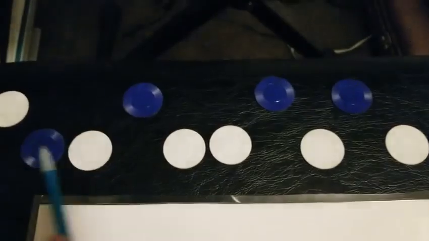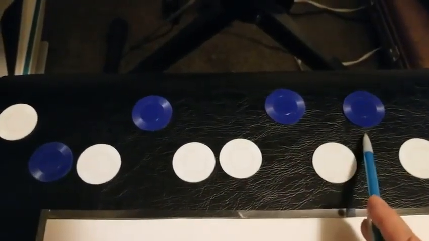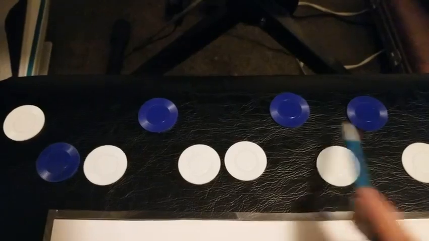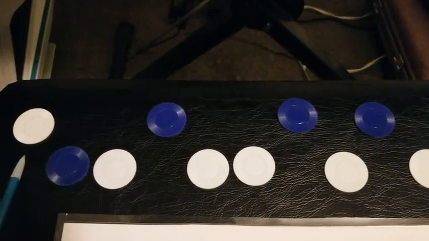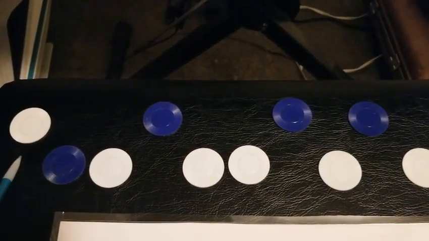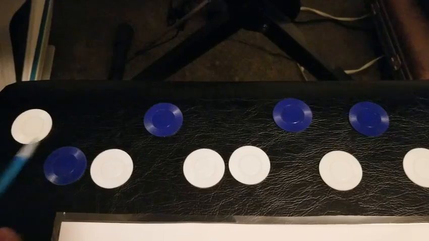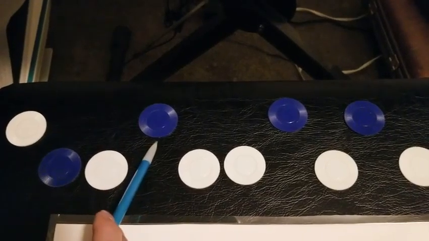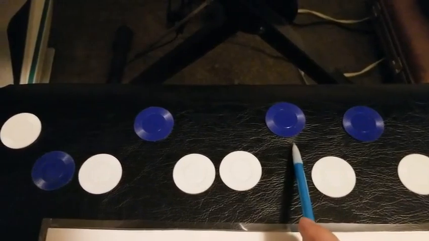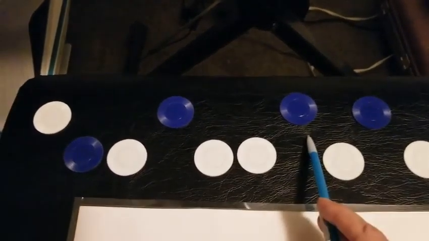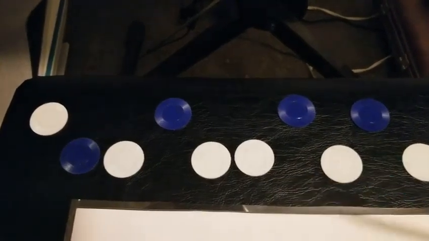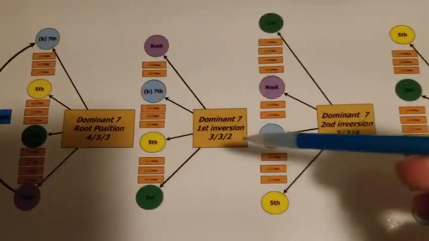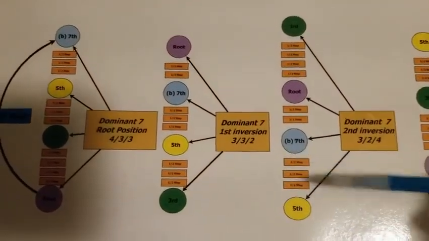So what you have here is essentially a G sharp dominant 7 chord with G sharp as a root, B sharp as a third, the fifth, D sharp, and your flat 7 is going to be an F sharp. So that forms a G sharp dominant 7 in first inversion. Okay, it's a 3-3-2 form.